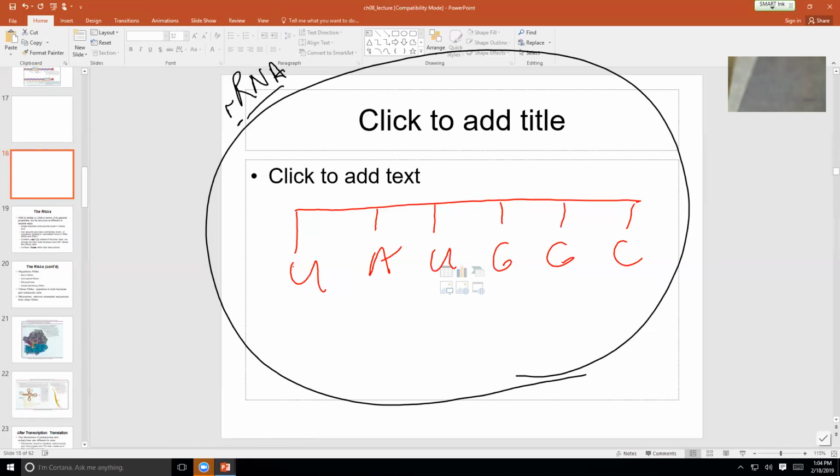Before that happens, I need you to understand that a set of 3 bases on the messenger RNA is called a codon. Do you know why a set of 3 is called a codon? Because they're coding for something.